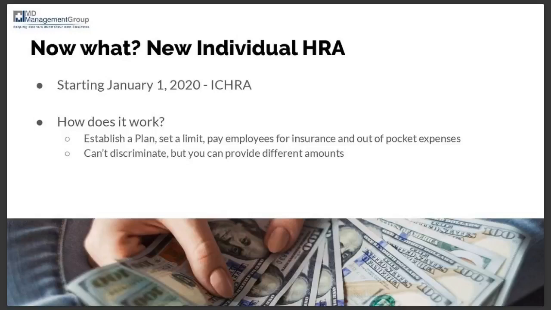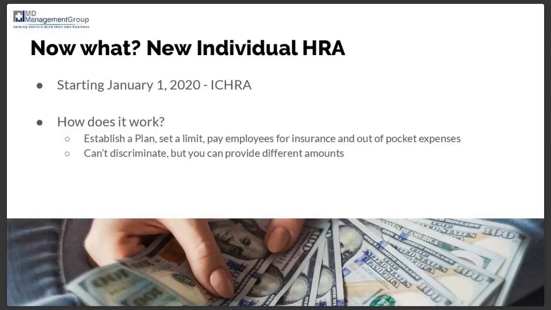You can't discriminate, and we're going to talk about various classes and what the makeup of those classes is. You can't discriminate, but you can provide different amounts. So let's use our full-time employee example. Let's say that we're going to give our full-time employees the option to use an ICHRA.